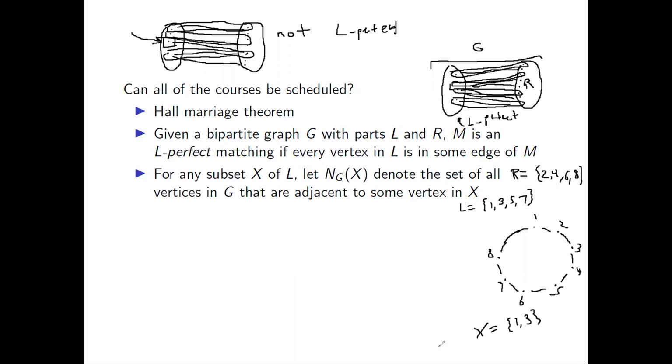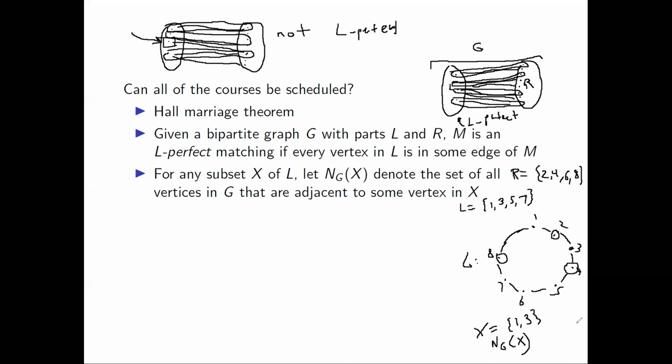Then in this case, for this graph that we just drew, if this is our G, so N sub G of X, let's look up at that definition. It's the set of all vertices in G that are adjacent to some vertex in X. So 1 is a vertex in X, and so is 3. So 2 is adjacent to both of them. 8 is adjacent to 1, and 4 is adjacent to 3.